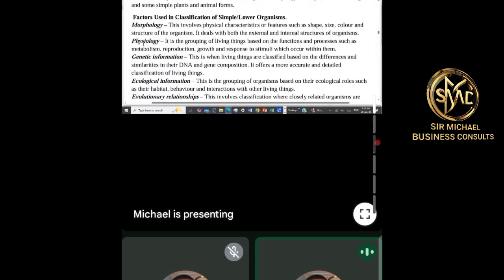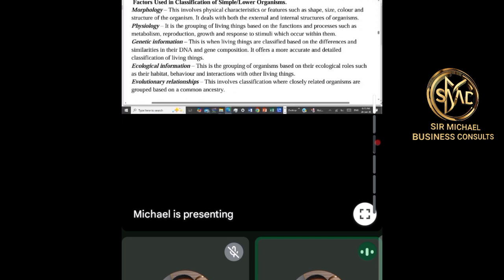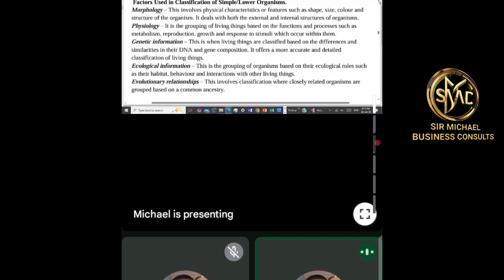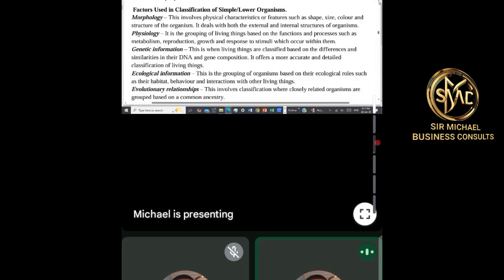Then we have genetic information, ecological information, and evolutionary relationship. You can read from my screen, but when I call you, you give a better definition or explanation of what you see. So when we say factors used in classifying organisms, one factor we can consider is morphology.